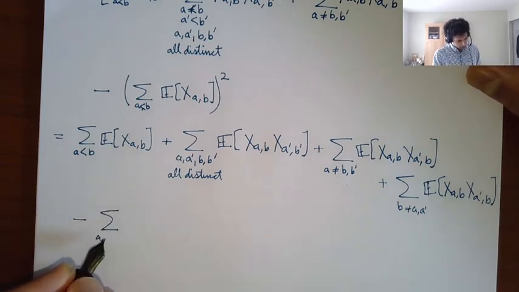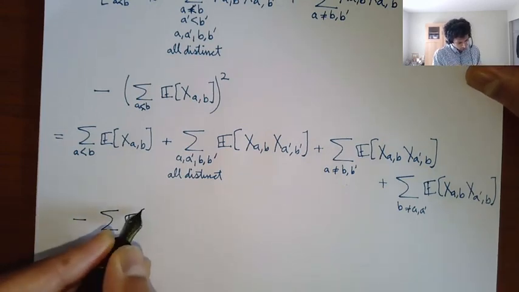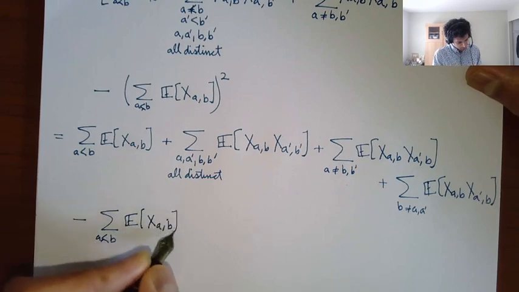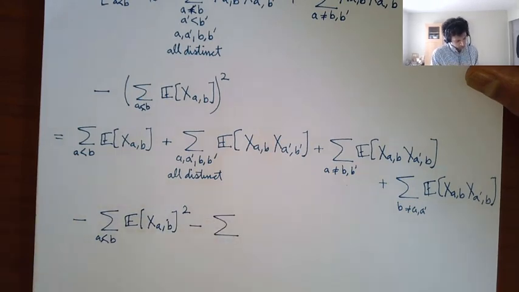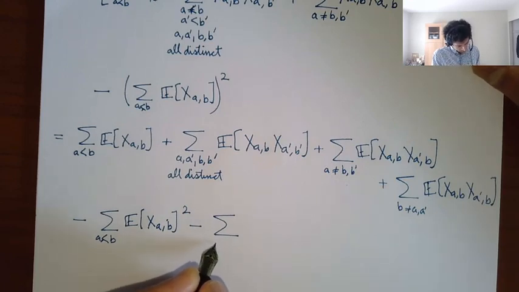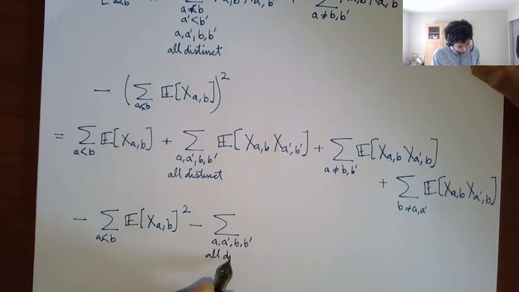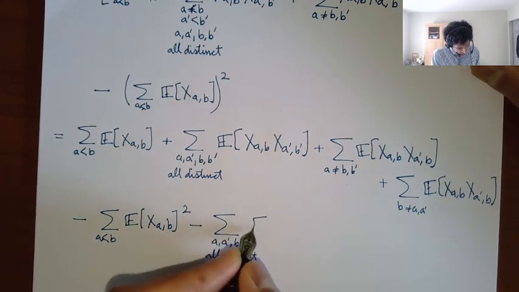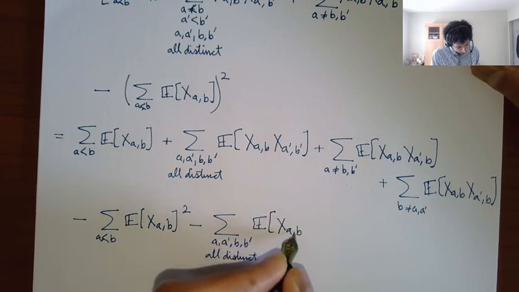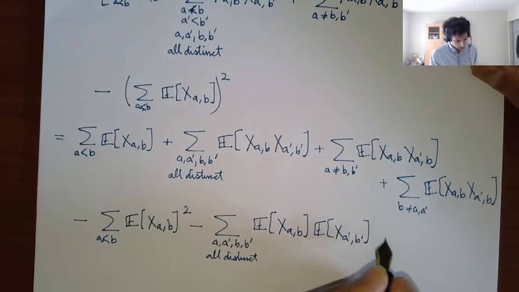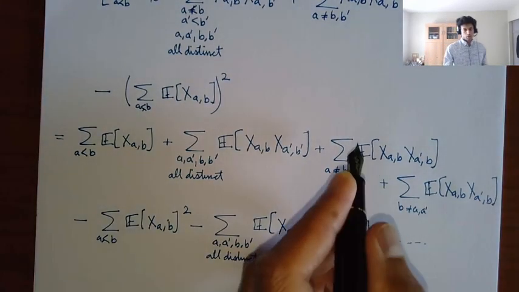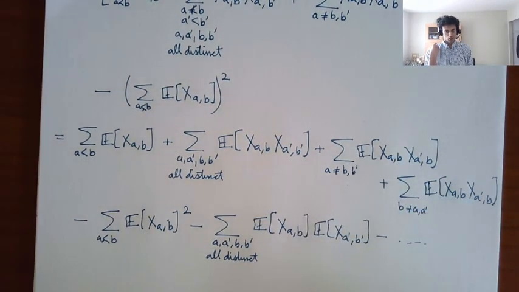Over here I get again the summation over a less than b of the expectation of xab squared, minus the summation, and now I can just write this out as a prime b prime, all distinct, of the expectation of xab times the expectation of xa prime b prime, minus some more terms analogous to these, although I'm going to ignore them.